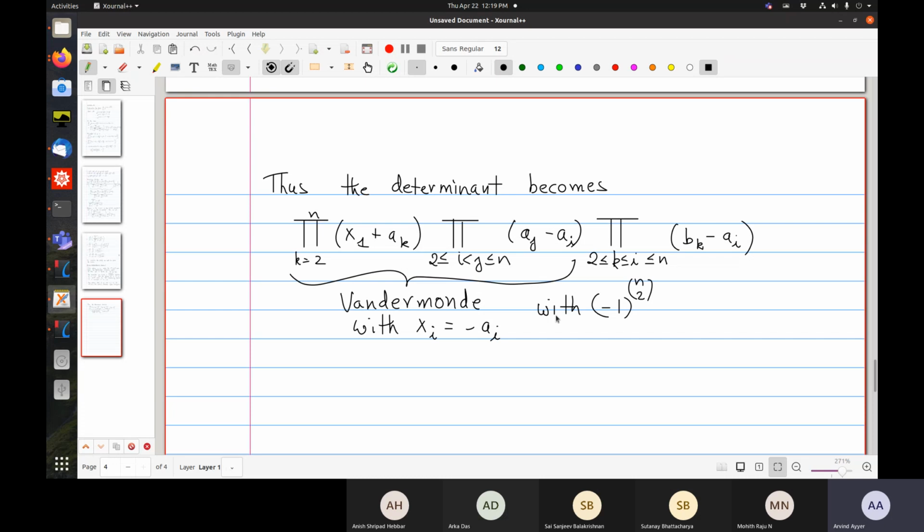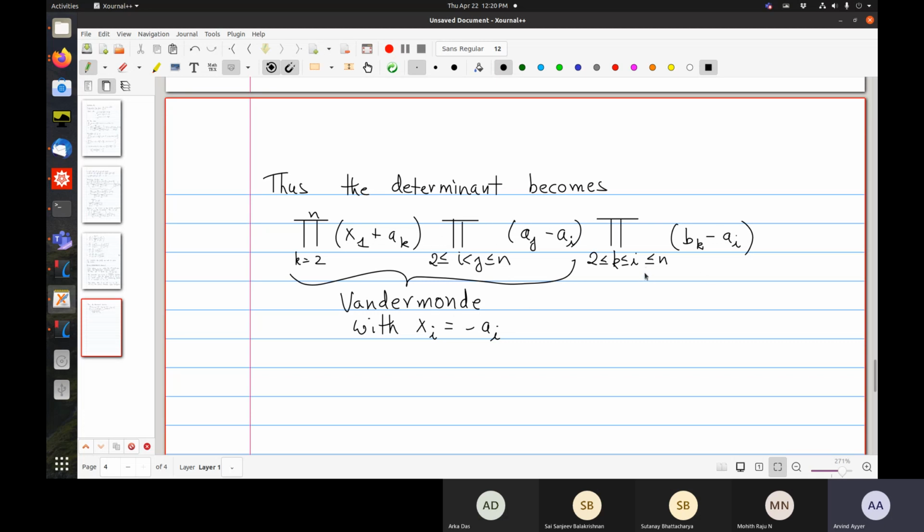And here there's no factor because this is exactly minus xk. Oh no, sorry, I take that back. There is no factor because the xi's are minus ai, so this is actually xi minus xj, right? Which is exactly what we want, and you combine this, you get exactly the value.